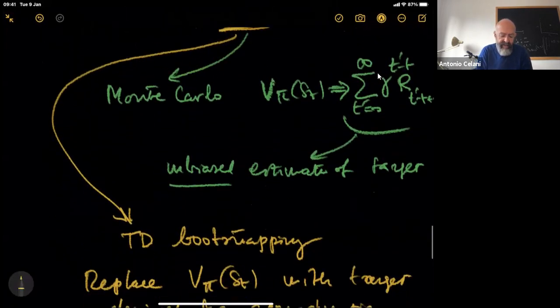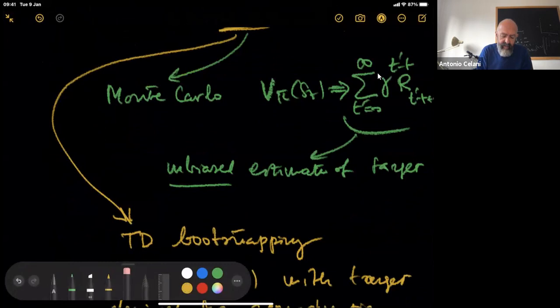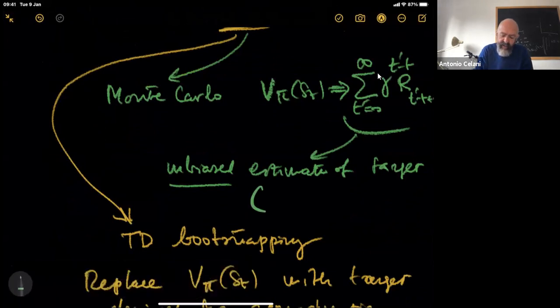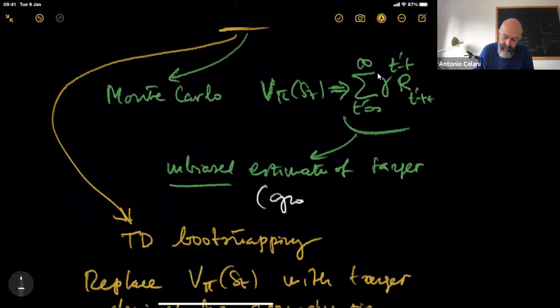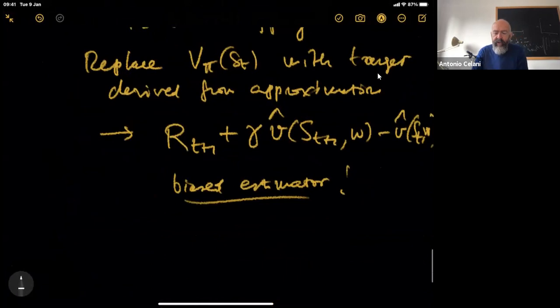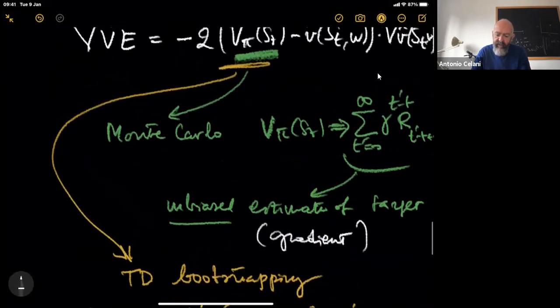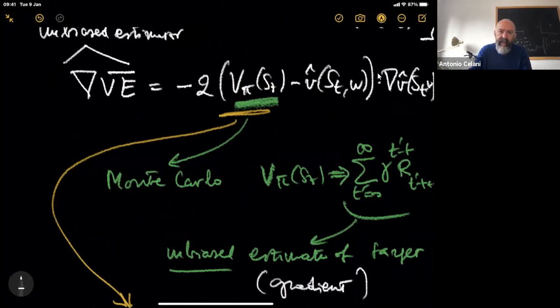So notice that while this approach is a true gradient method, in this approach we are breaking the structure of the gradient because we are replacing our true prefactor here in front of the gradient, this part here, with some approximation.